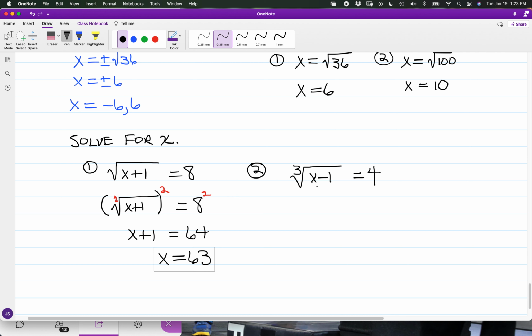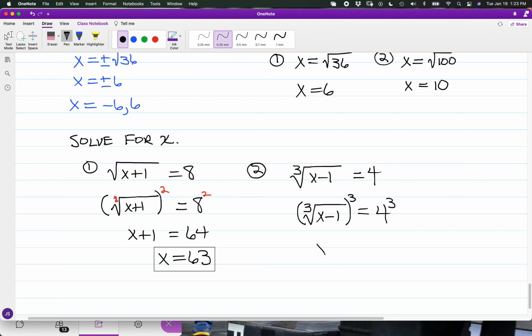So with the cubic root of x minus 1, I can take care of the radical by taking the power that matches what's referred to as the index number of the radical. So here, I'm going to take both sides and raise to the third power. So for the cubic root of x minus 1 raised to the third, think of it like the index number and the exponent.